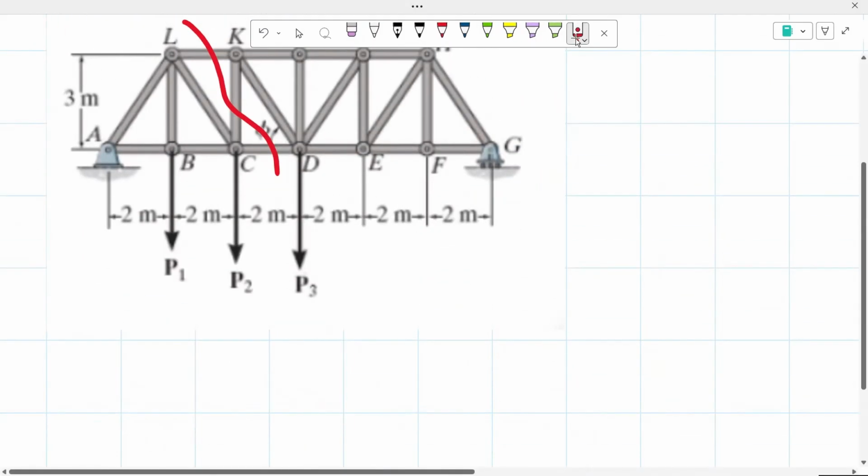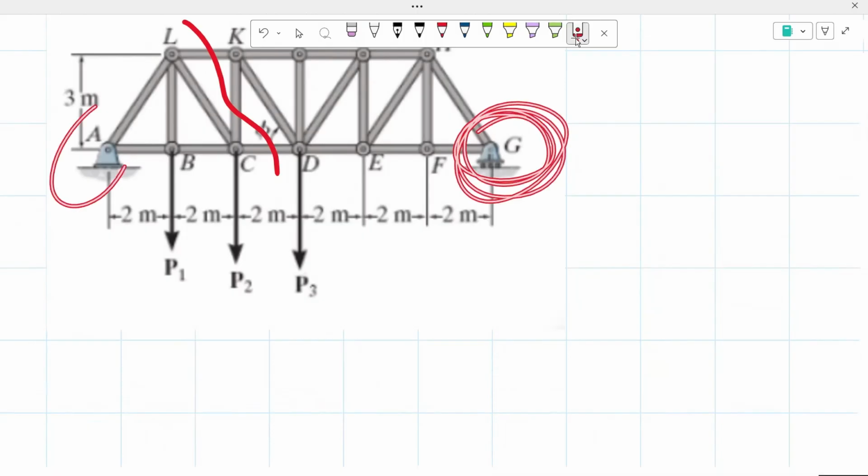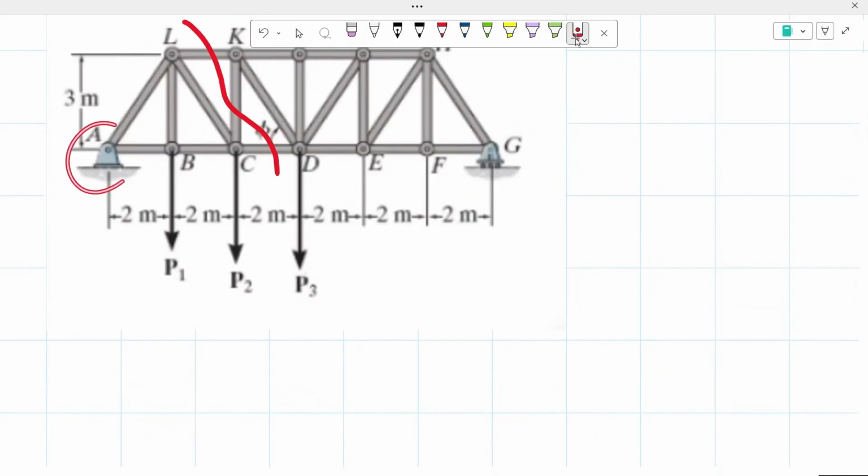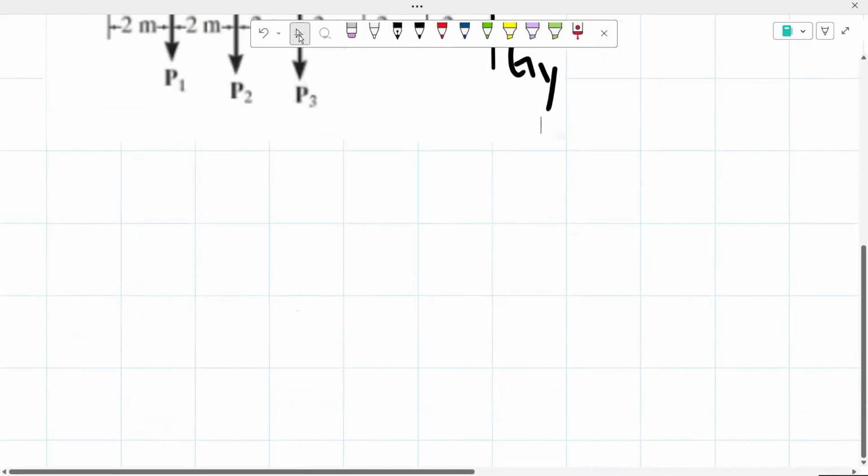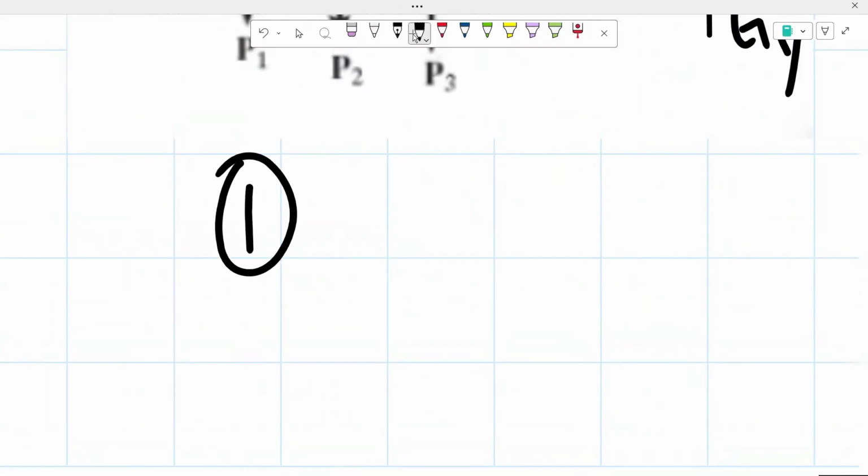Since I'm only wanting to find the value of this one and these values do not matter, I'm going to be taking the sum of the moments about point A. That way these two reactions don't create a moment, and I'd be only solving for that reaction at G. I'm going to assume that the reaction is going to be acting upwards, and we're going to call it G of Y. So the first step would be finding the value of G of Y.